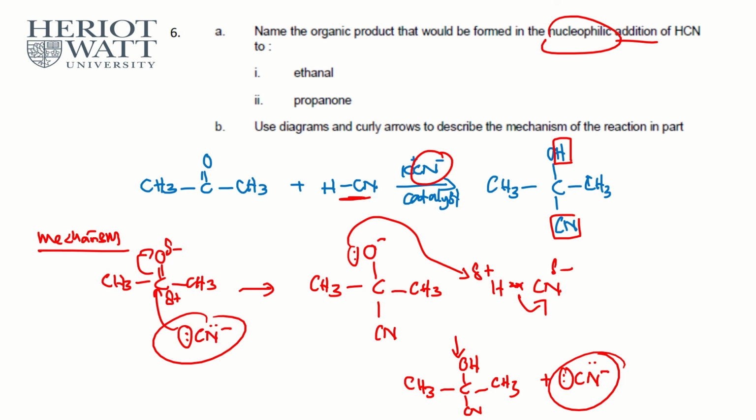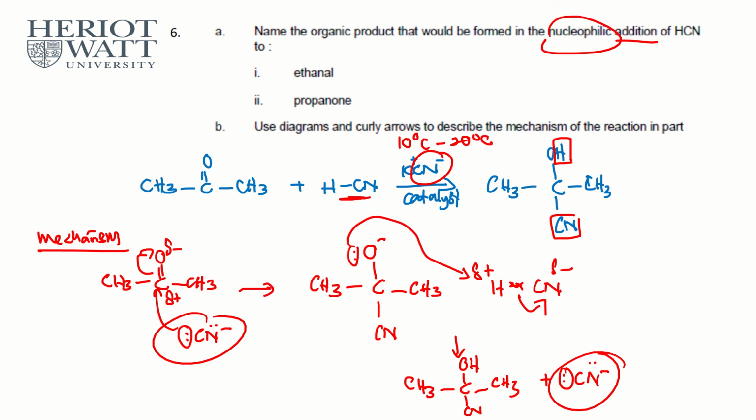I return it back. So that is the purpose, or the function, of a catalyst. So this is the full mechanism for nucleophilic addition of HCN. And don't forget, this reaction has to take place at 10 to 20 degrees Celsius, not any higher than that. All right, this is cold. So don't simply put in heat under reflux. That will not make sense.